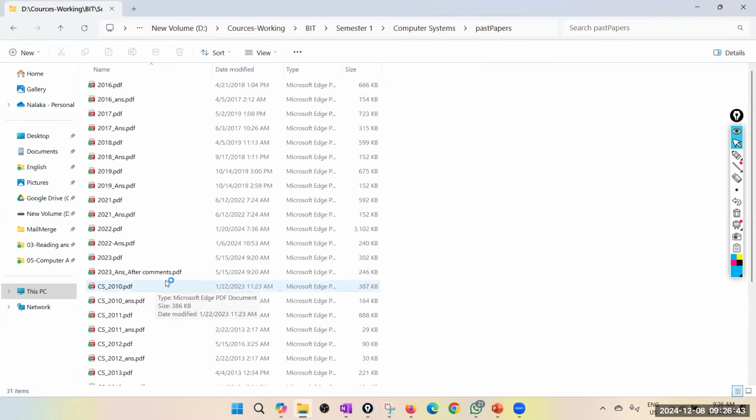Sometimes they ask about memory addressing, sometimes about the instruction set, sometimes about pipelining, sometimes about stack architecture, sometimes about GPR architecture. Right? So let's take a slightly older paper.